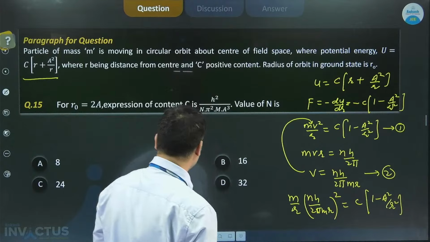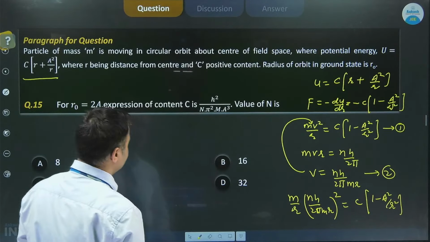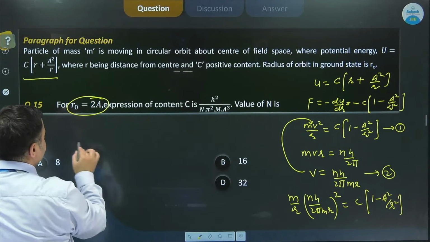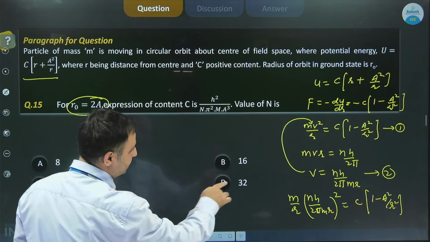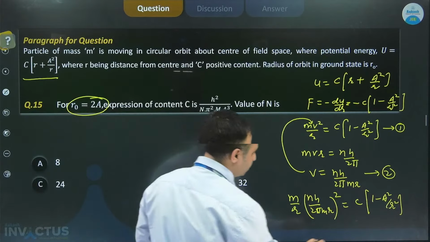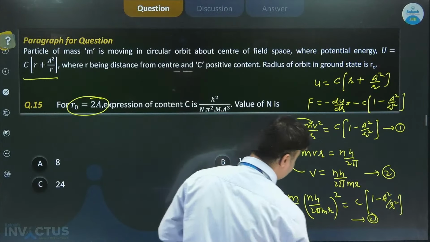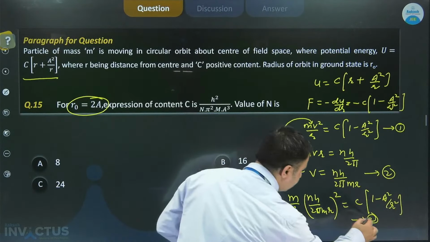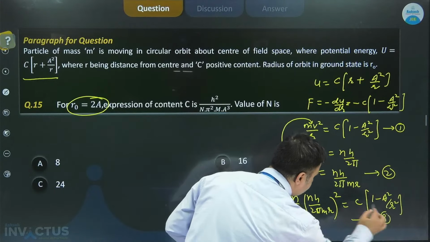Now for R naught equal to 2a, putting it here, call it equation number 3.